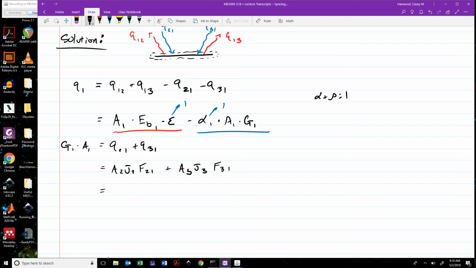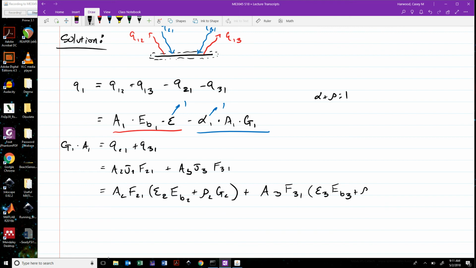Expanding J out, this is where things get fun. A2, we'll go ahead and move the F21 out here. This would be epsilon 2 EB2 plus rho 2 G2, plus A3 F31 times epsilon 3 EB3 plus rho 3 G3.